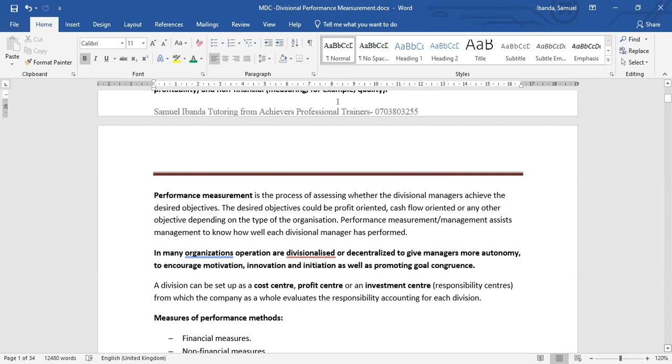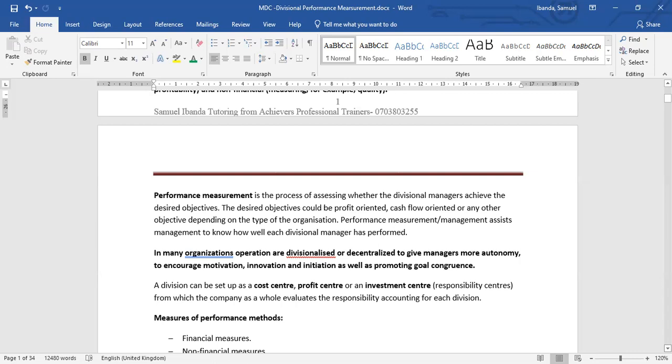So management of any divisionalized company has to set different KPIs, the key performance indicators, and critical success factors, to enable it to carry out the performance measurement on, let's say, a monthly basis, or a quarterly basis, or a weekly basis, or annual basis, okay?